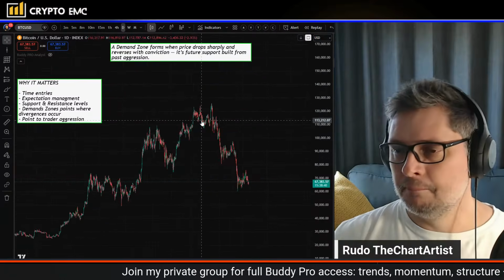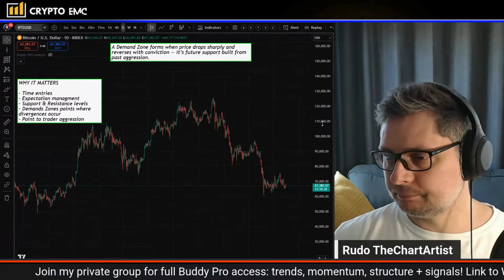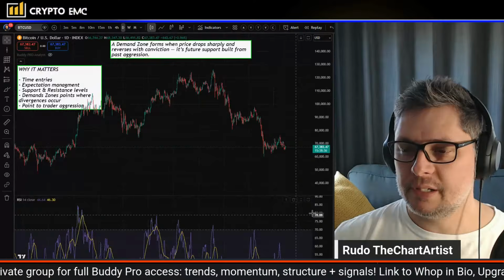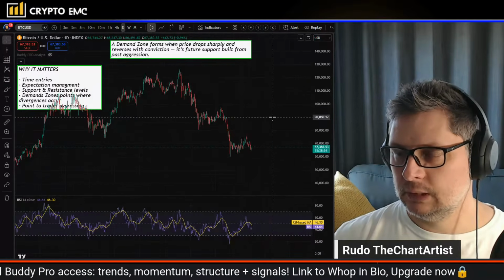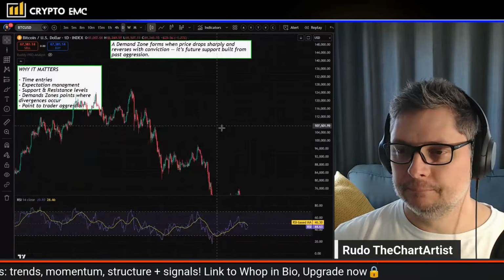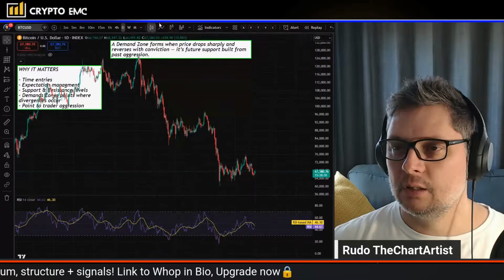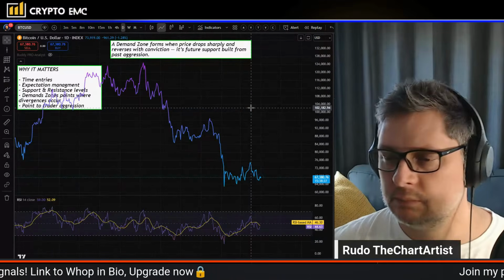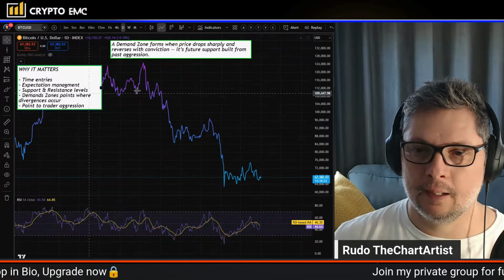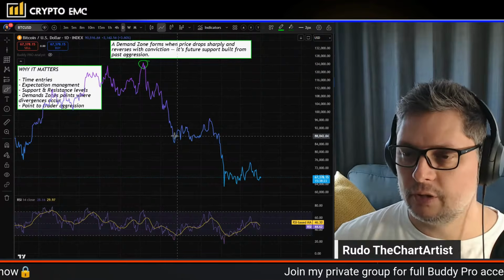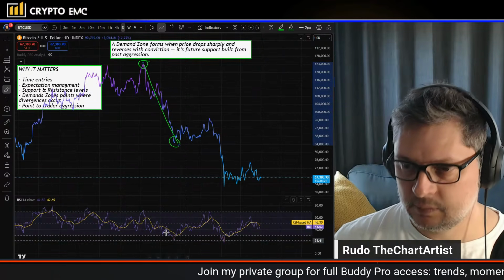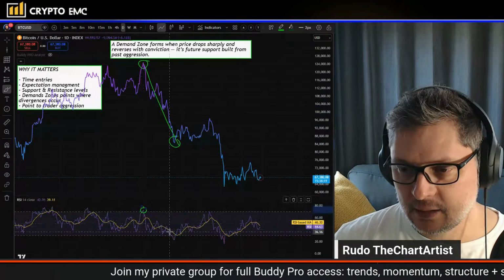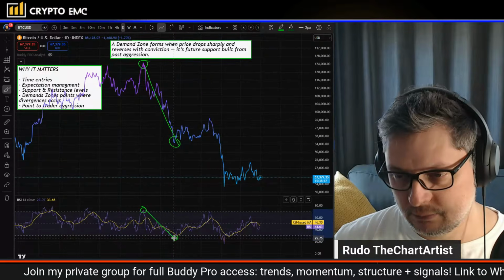Okay. So the setup is simple. I'm going to load the RSI again. And what we're looking for is just opposites. It's a simple way, opposites. You've got a high, you've got a low in price. You will have a high and you will have a low in the RSI.